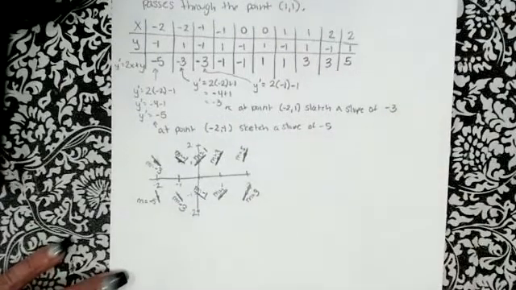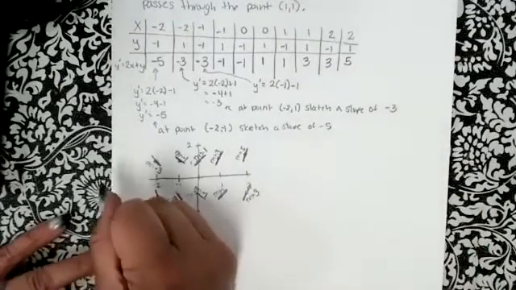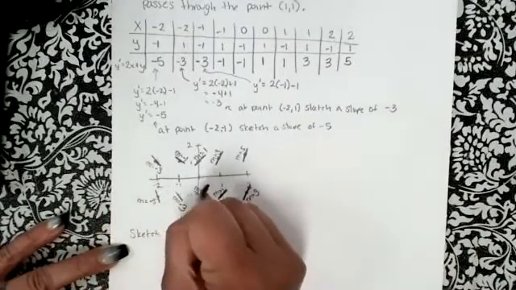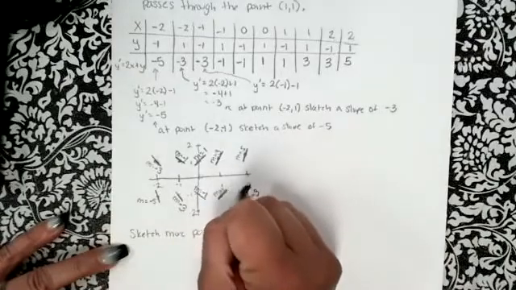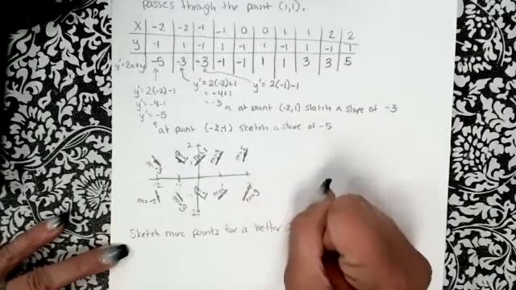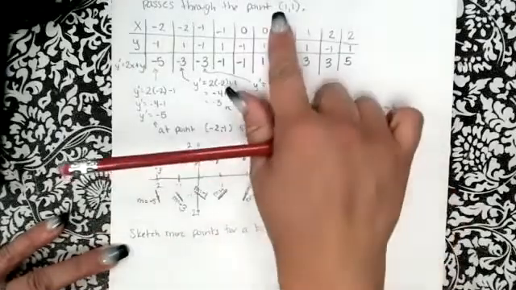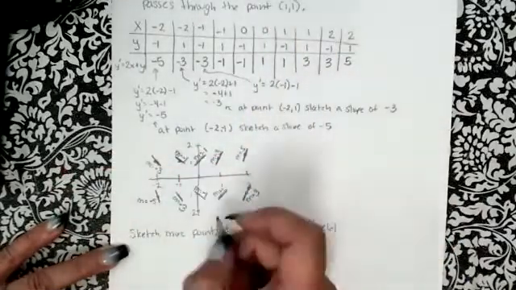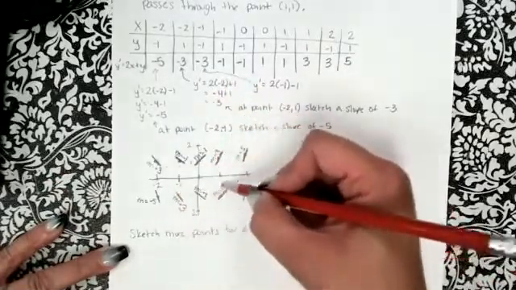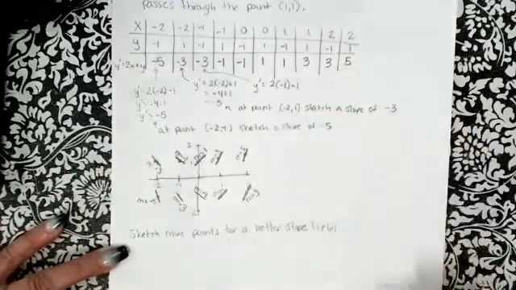Now, if you want a better look at this, we're going to sketch a little bit more. We're going to sketch more points for a better slope field. That way you can tell the slope field passing through 1, 1. Because right now, here's 1, 1. I can't tell. Obviously, it's going down and then it's going up, as you can see.